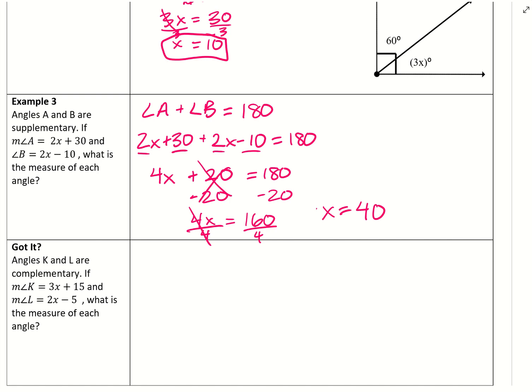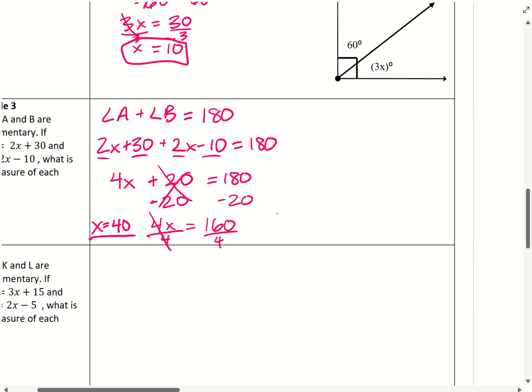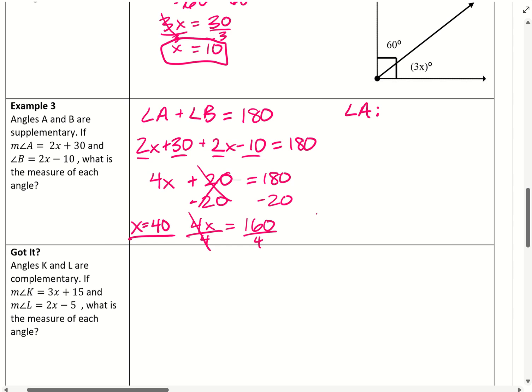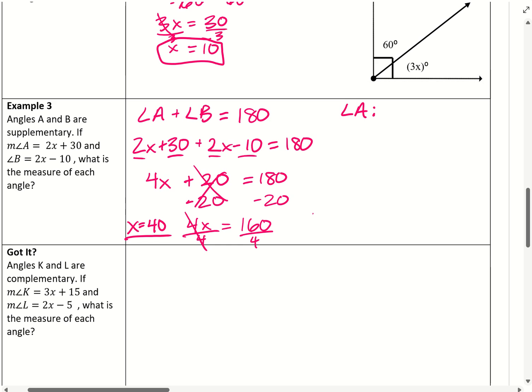Okay, now we are not done. I'm actually going to erase this and put it over here because I need a little bit more room. Okay, we have x equals 40, but it asks us what is the measure of each angle. So now I need to go in here. Angle A was 2x plus 30. It tells us that right here. Okay, so since angle A is 2x plus 30, if I want to find that angle measure, I'm going to plug in 40 for x, since that's what we found right here.